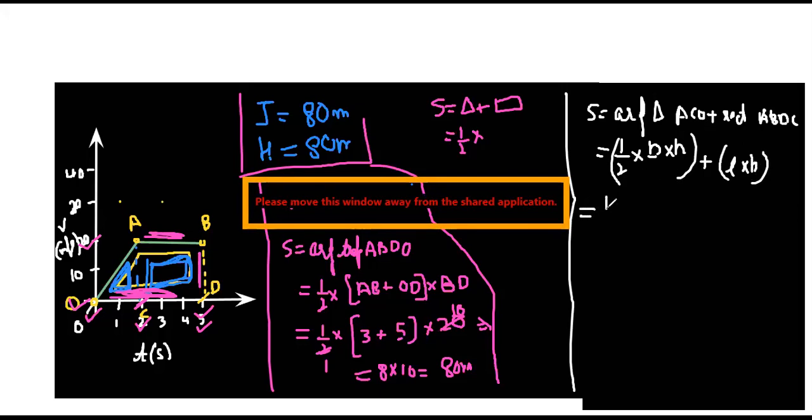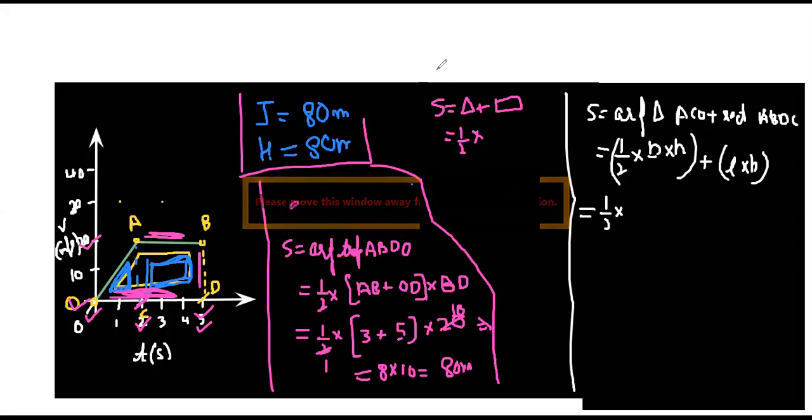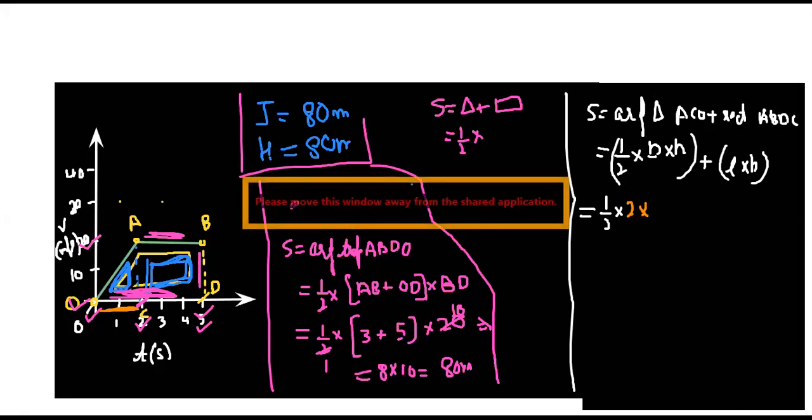Fine. Okay, so half, what is the base? Base of the triangle is OC. It goes from 0 till 2. So 2 minus 0 is 2. Multiply by height. Height of the triangle is AC.